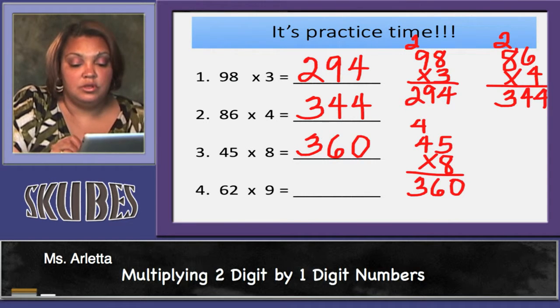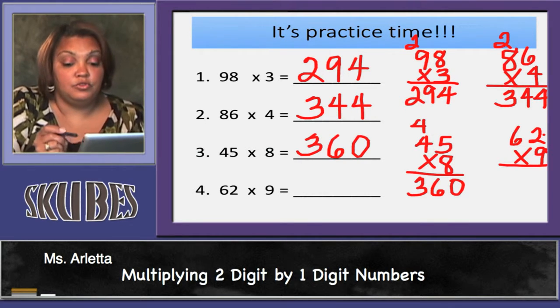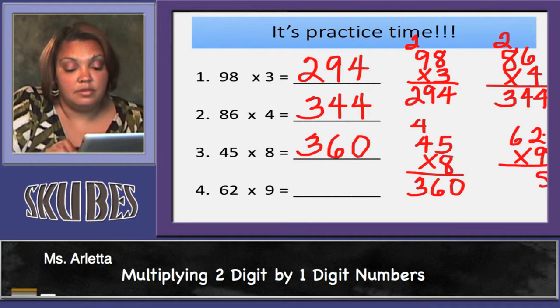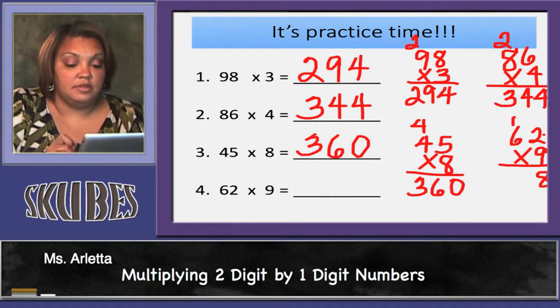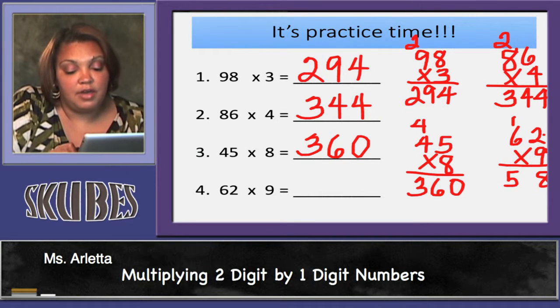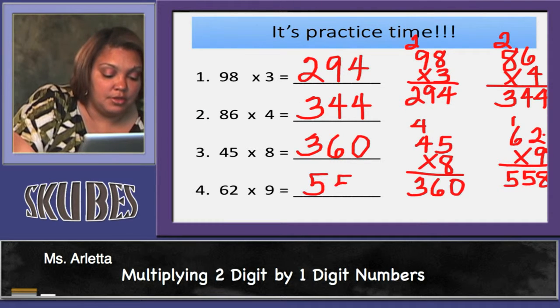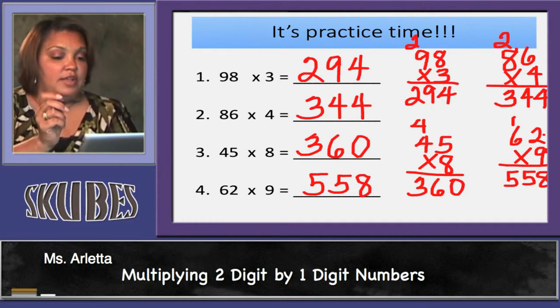And the last one, 62 times 9. 9 times 2 is 18. Carry my 1. 9 times 6 is 54, and plus the 1 would be 55. 558. Let's try some more.